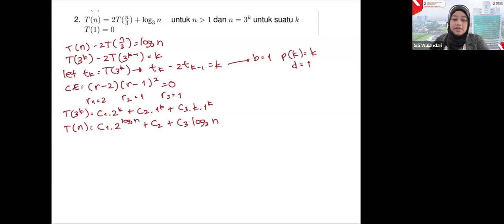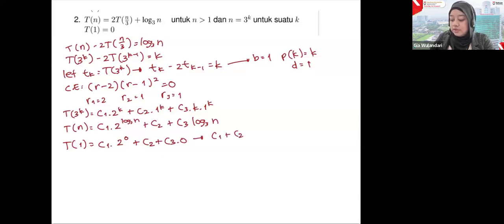So I will not write it. Okay. And then we can just substitute the base case. We have T1. It is C1 2 to 0 plus C2 plus C3 log 1 is 0. It means we have C1 plus C2 must be equals to 0, or we can write C2 as minus C1.